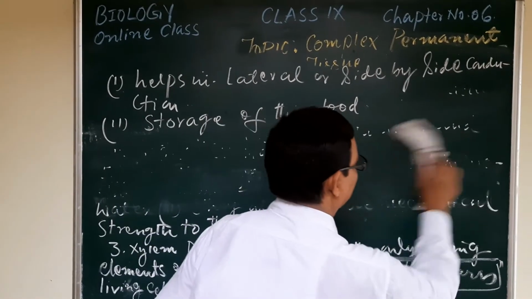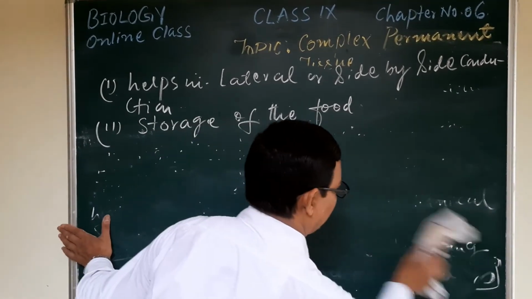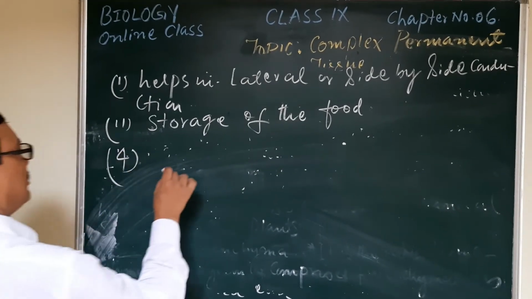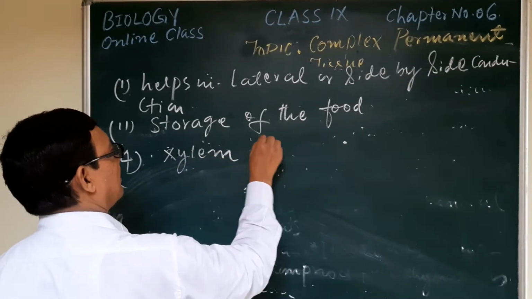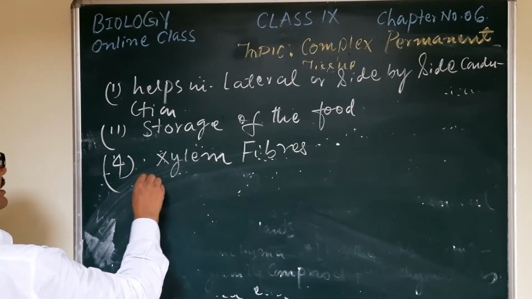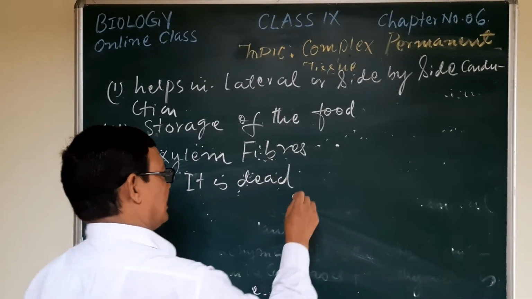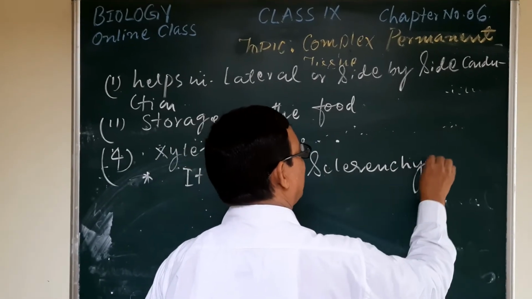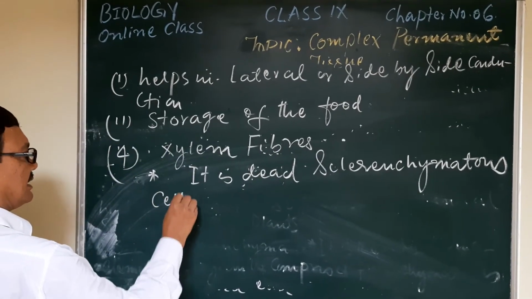So this is the third. And the fourth element is the xylem fibers. These are dead sclerenchymatous cells.